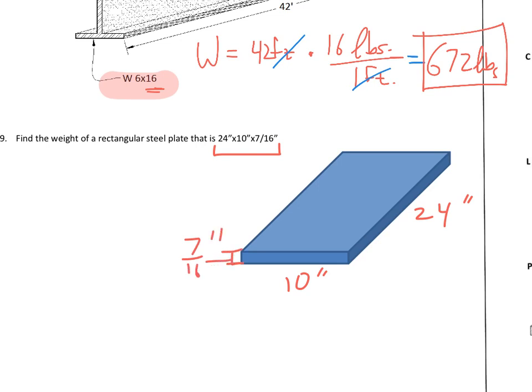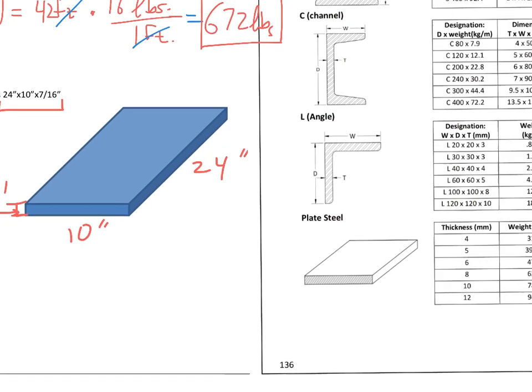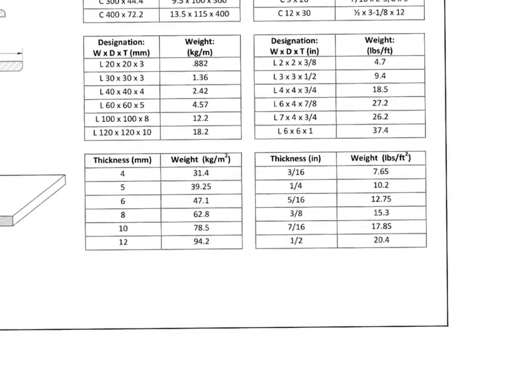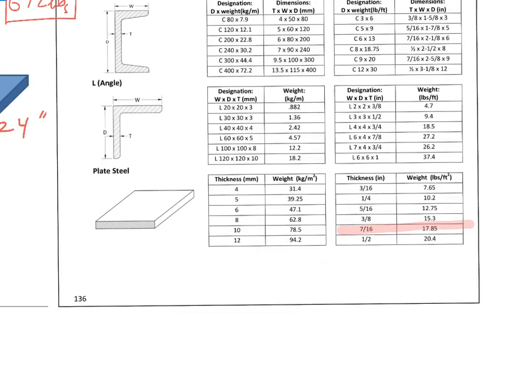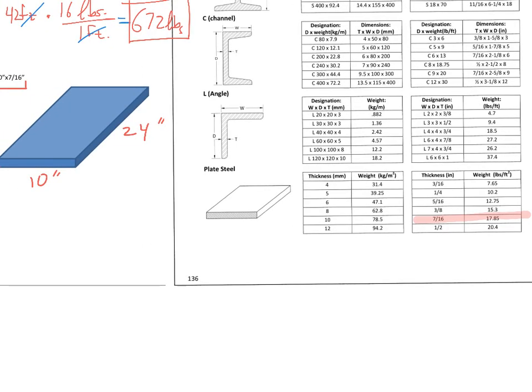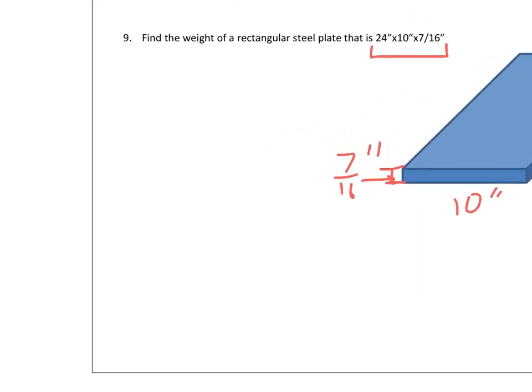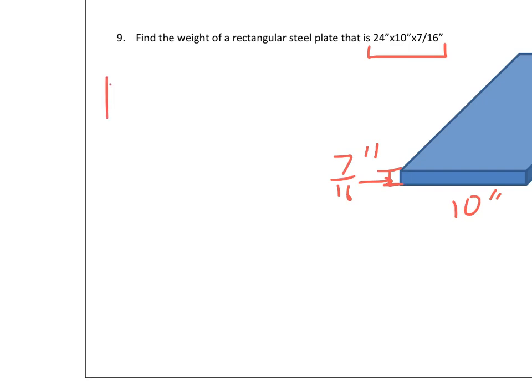All right, so we have to go over to our charts and look at 7/16. So we're going to want our 7/16 here, and that's 17.85 pounds per square foot. So this is an area thing. 17.85 pounds per square foot. I'm going to jot that down.